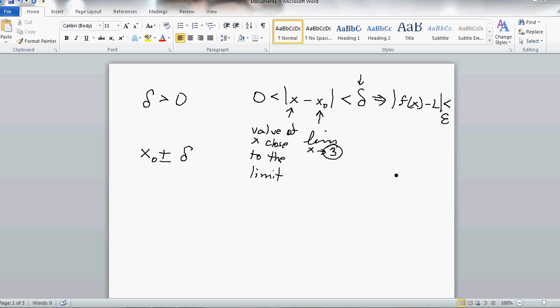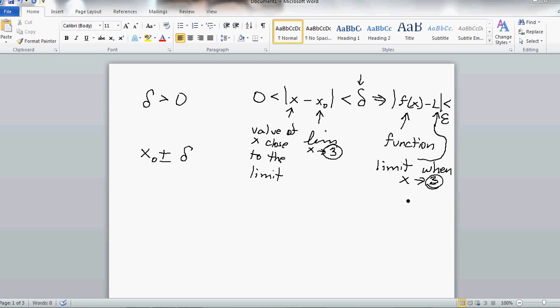Okay, now what happens here is f of x should be plain and simple. That is the function that we are talking about. L, it actually makes sense. L is actually the limit when x approaches whatever number. In this case I've been using 3, but it can be any number.